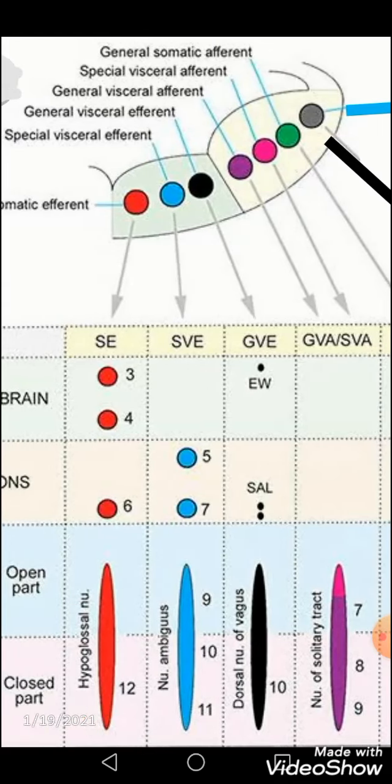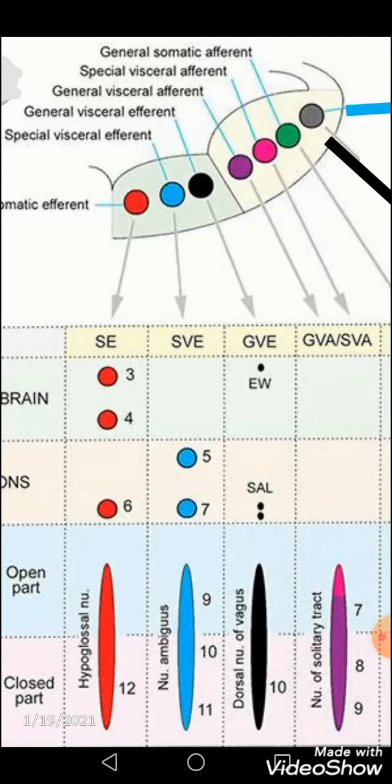Next to it, you have to focus on the special visceral efferent fibers, which are branchial efferent. They include the nerves 5, 7, 9, 10 and 11. For the fifth nerve, the muscles of mastication, the tensor tympani, tensor palatini, mylohyoid and anterior belly of digastric are the area of supply.